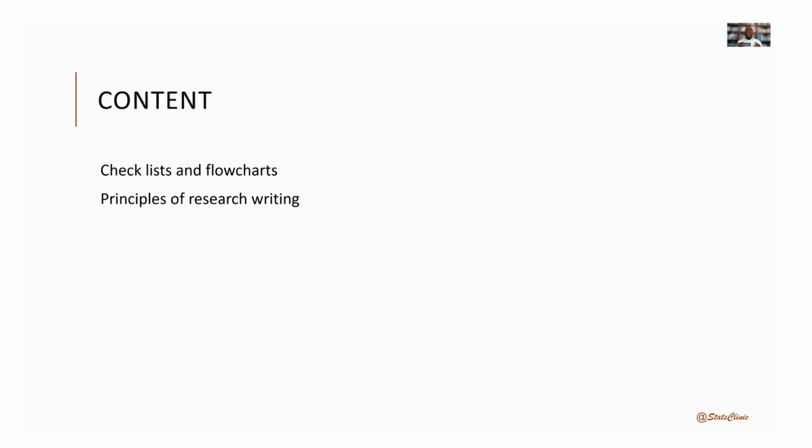So there are various checklists, and this checklist emanated from experts in the field coming together and trying to reach a consensus on what are the key elements of a particular type of research that somebody needs to report for us to agree that this person has at least met a minimum threshold for reporting the work they've done.